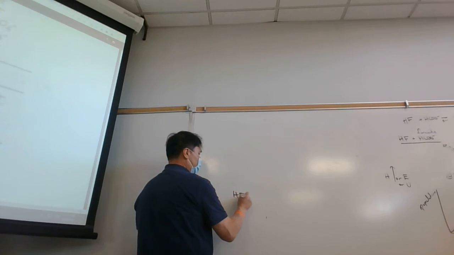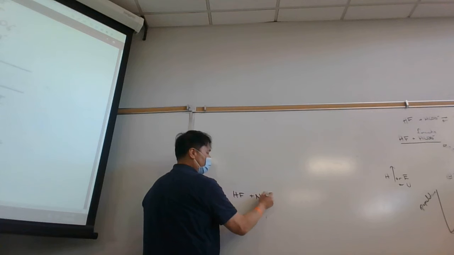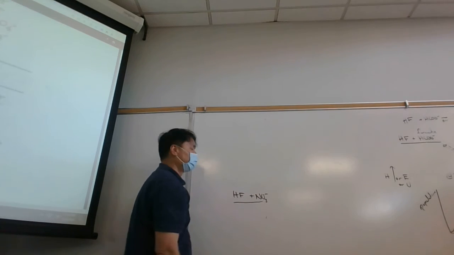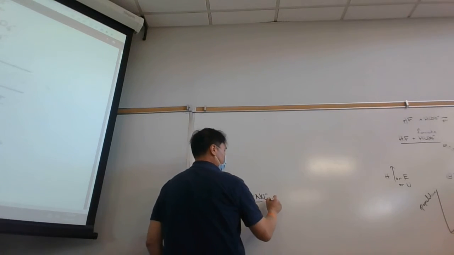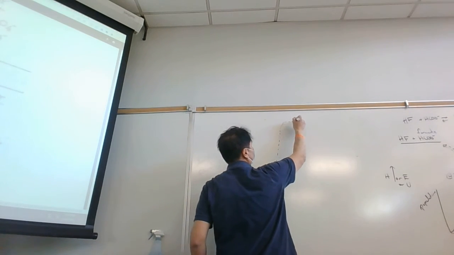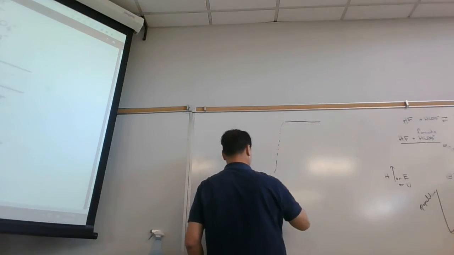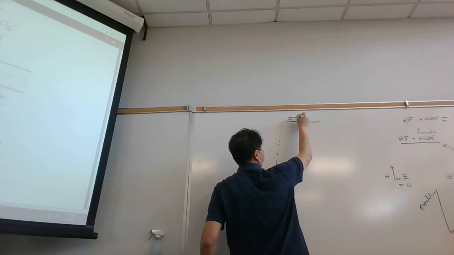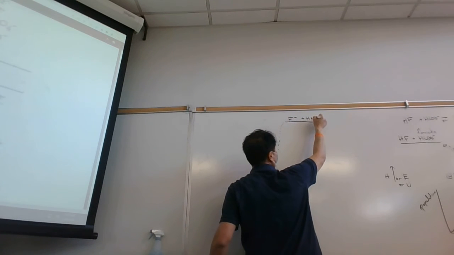So if I have HF and nitrate is a very poor base, and if I try to get these two to react, the products for this are going to be steeply uphill. That is, the products of this would be F minus and HNO3.